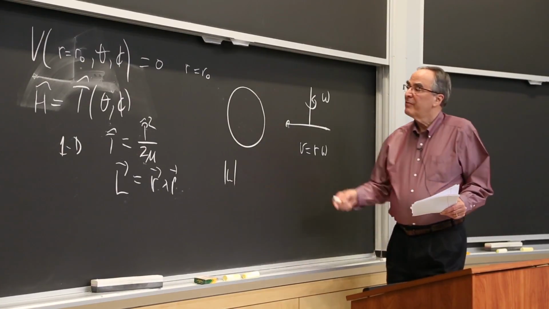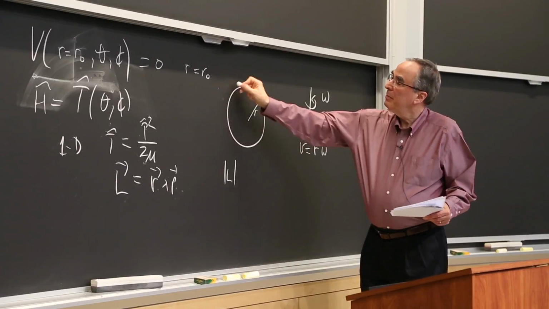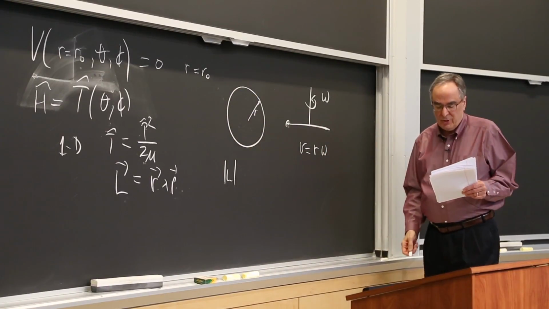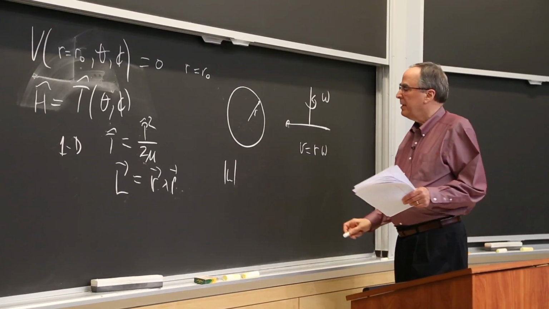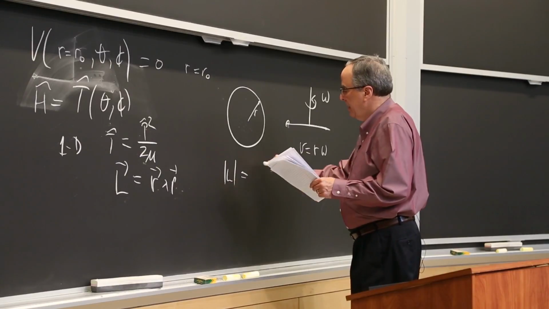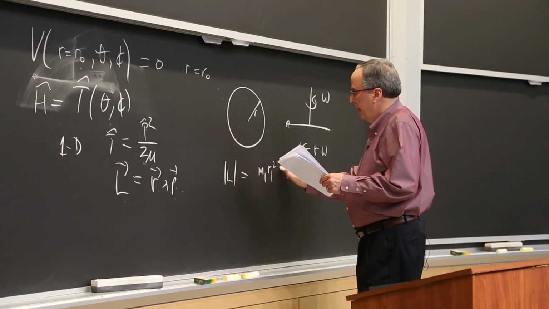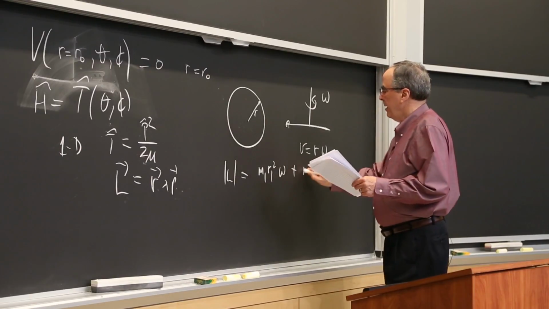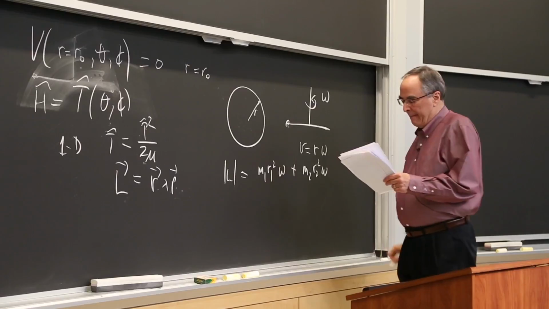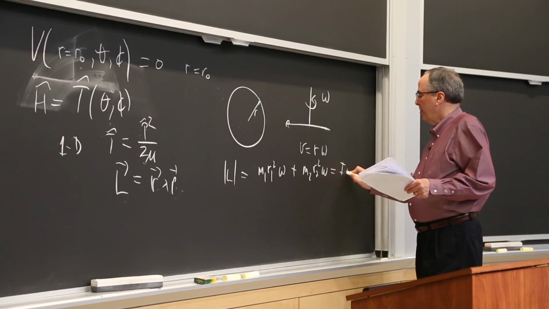And in fact, for motion on a sphere, here's r, and the motion is always orthogonal to r. And so we can write that the angular momentum is m1 r1 squared omega plus m2 r2 squared times omega. Or it's just I omega.